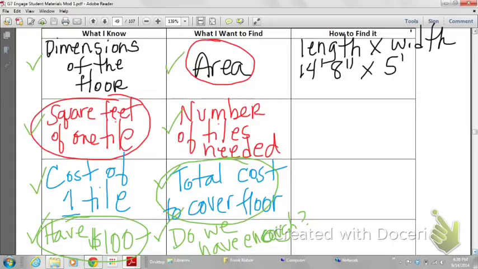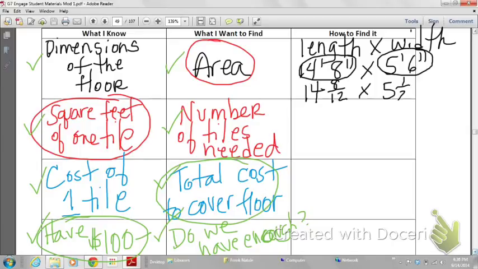And as we are talking about fractions and their unit rates, let's do some conversion. If we convert our feet and inches into fractional feet, we know that's 14 and 8/12 times 5 and 1/2.